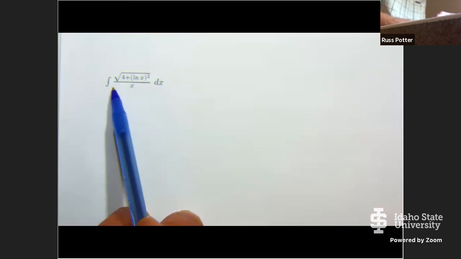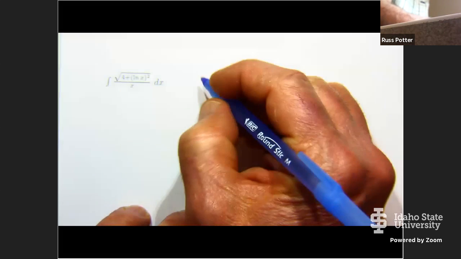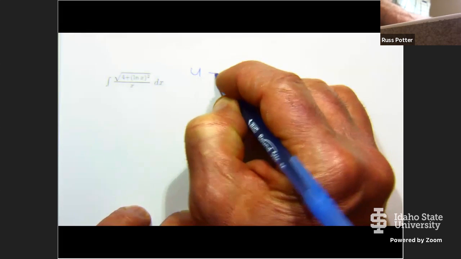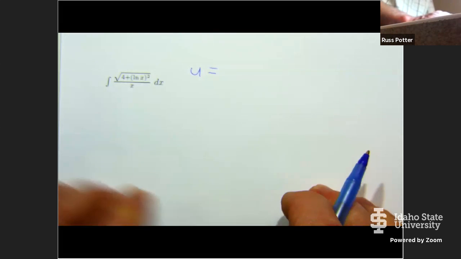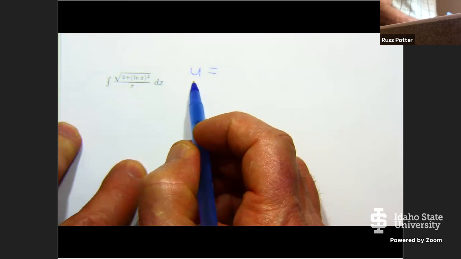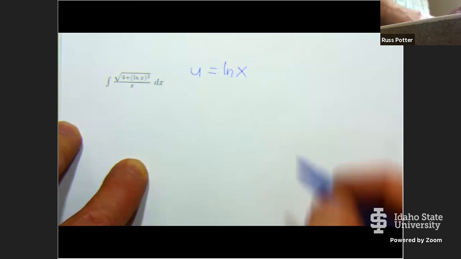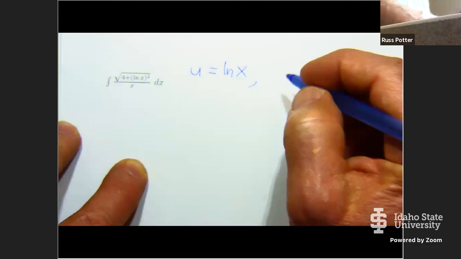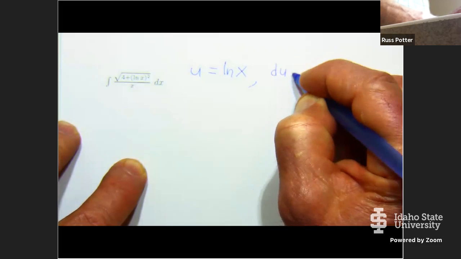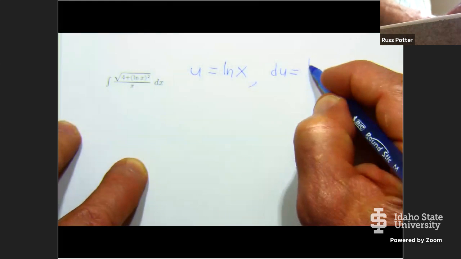Since we have in the numerator of the integrand the square root of 4 plus some function of x squared, it seems likely that we can use a substitution u equals that function, natural log of x. And then du, the derivative of the natural log of x with respect to x is 1 over x.